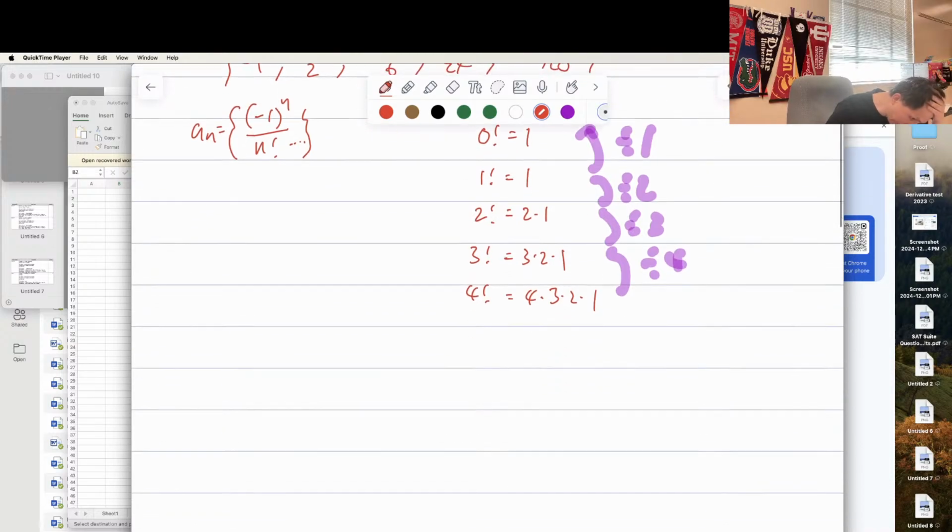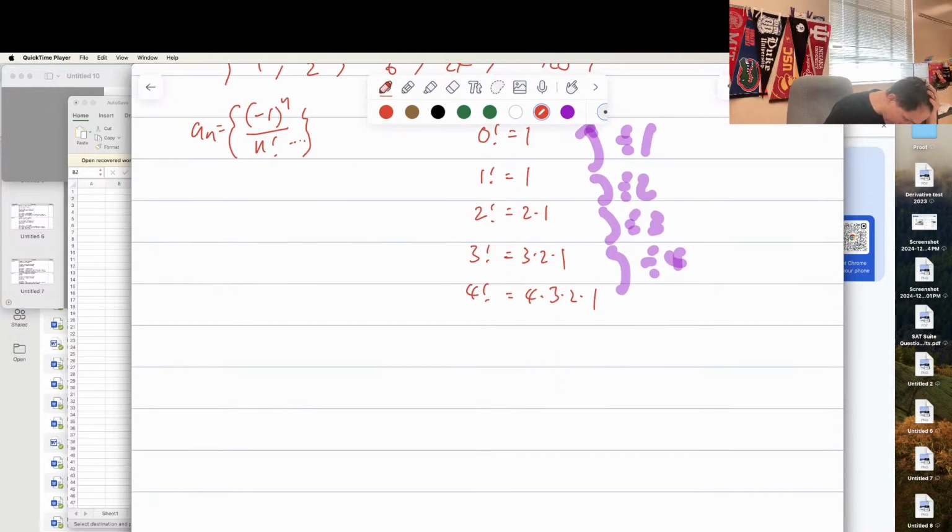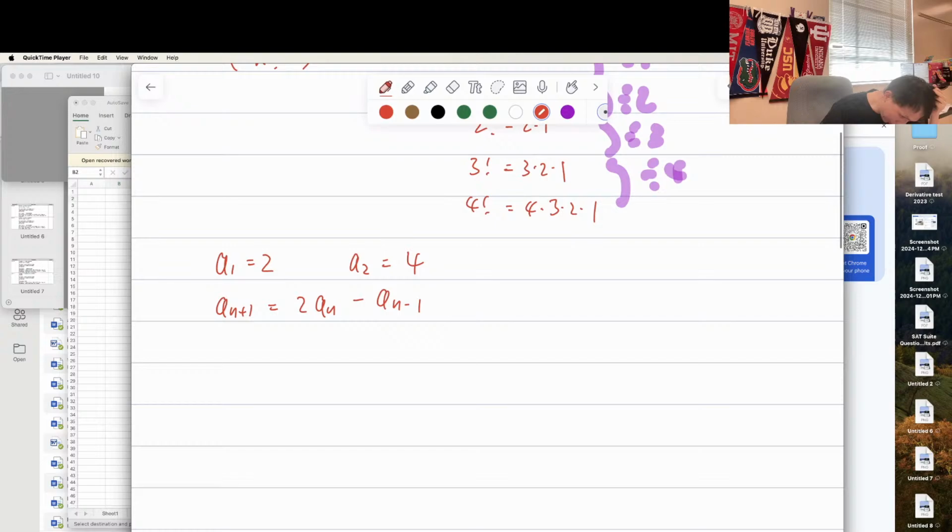So here, the notation says a_1 is equal to 2, and a_2 is equal to 4. This is an example. A notation of a recursive sequence is a_(n+1) = 2a_n - a_(n-1). Obviously you already have the first term, a_1 = 2, and a_2 = 4.